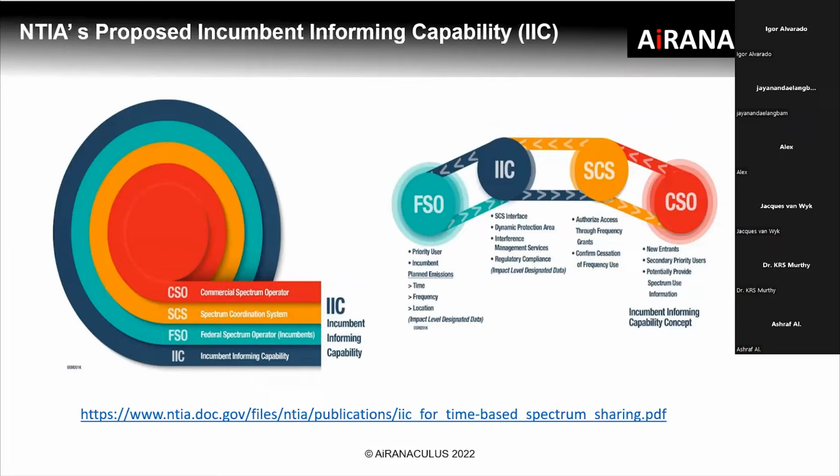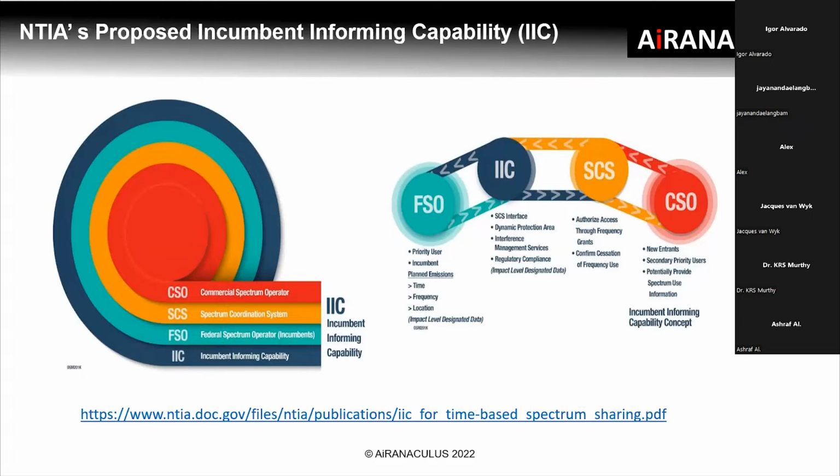I mean, the discussions have already started on, like, 3.1 to 3.45 gigahertz. In fact, I'm also the chair of the working groups within the National Spectrum Consortium, where like 200 people are participating on what the regulations should be and the use cases should be for the 3.1 to 3.45 gigahertz.